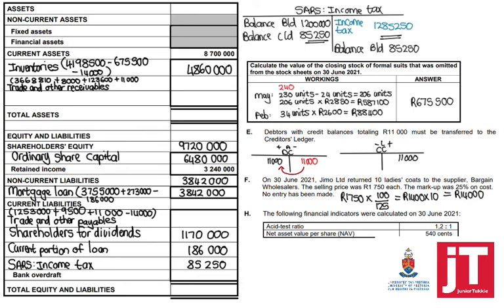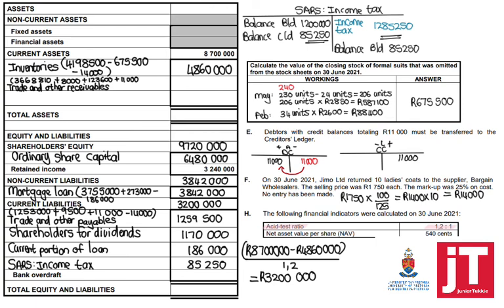Again, make sure with financial indicators that you know how to find amounts if the answer is given to you. So if I look now at the asset test ratio, it's my current assets minus inventories divided by 1,2 equals my current liabilities.